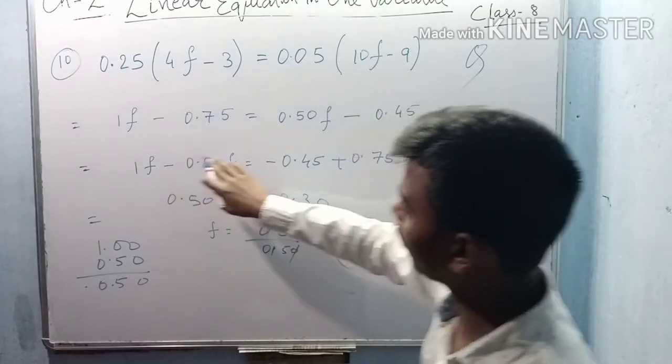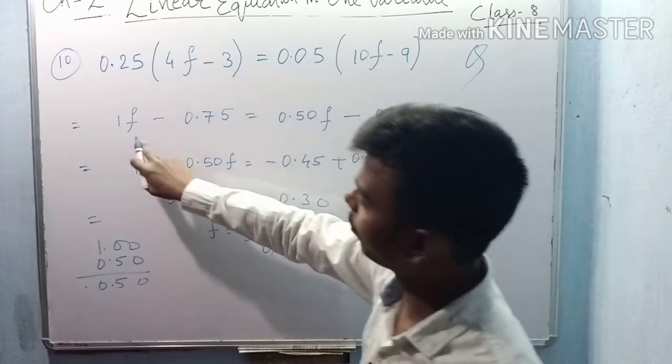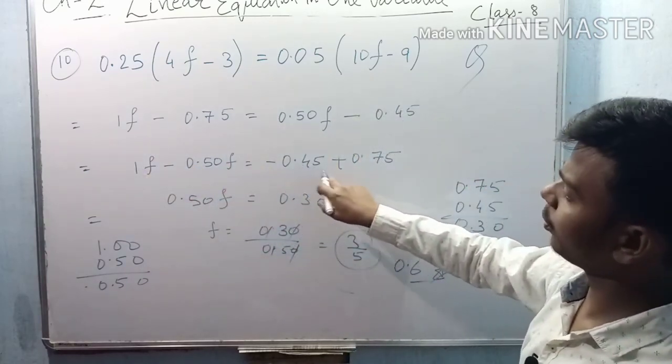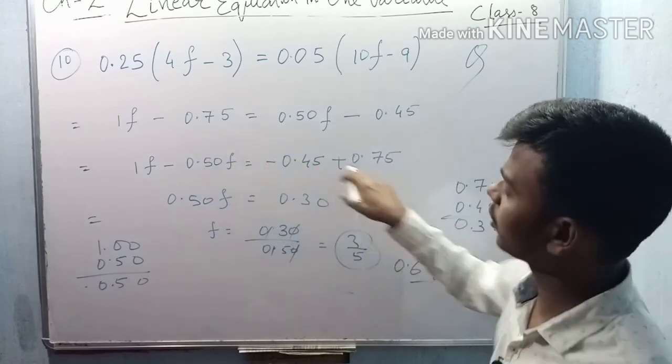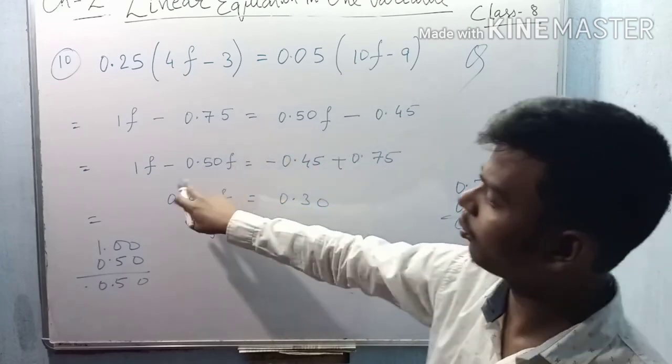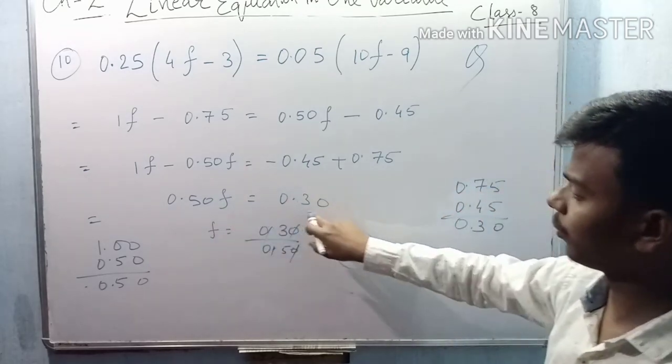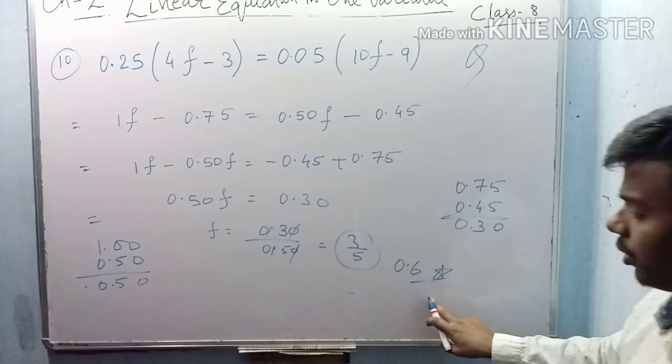So I have just taken the variables one side and constants one side. 1f minus 0.50f equals minus 0.45, it will go this side then plus 0.75. So 1 minus this will be 0.50f equals 0.30. The zeros cancel out and the answer is 0.6.